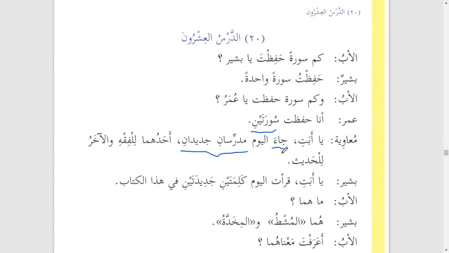After ja'a, we will have the fa'il. We can have mudarrisani, when the ism is zahir, most likely it will be the doer, the fa'il. So ja'a is the verb, and mudarrisani jadidani is the fa'il. Ja'a al-yawma mudarrisani jadidani. 2 new teachers came today.